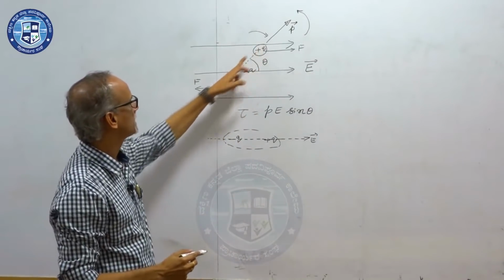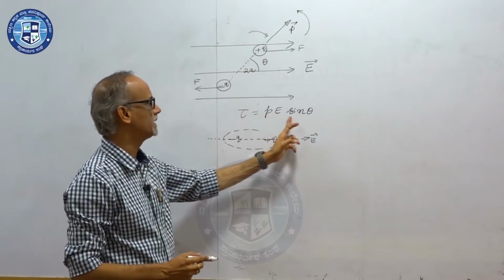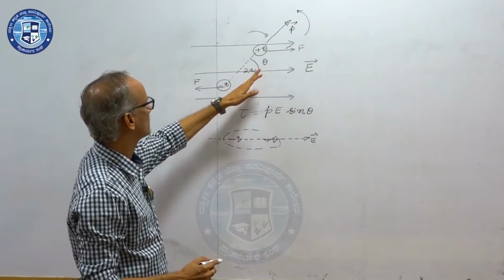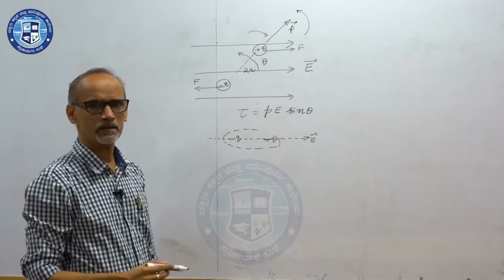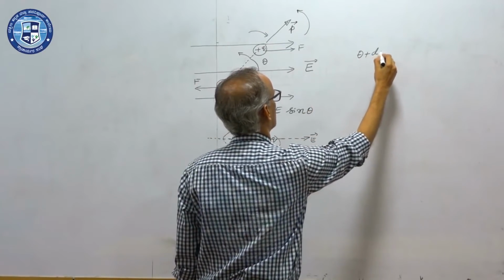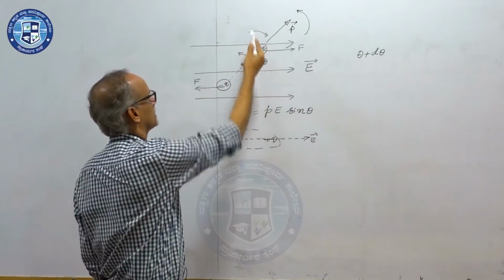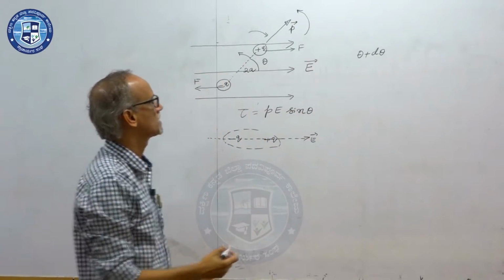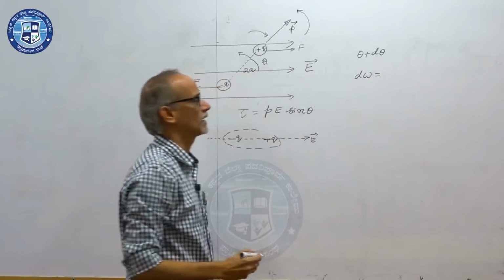So, when I maintain the dipole in this position, the magnitude of the torque acting is given by tau equals PE sin theta. From this position, if the dipole is further rotated by a very small angle d theta, so that the total angle is theta plus d theta, I have done work. So, what is the work done in rotating the dipole through a very small angle?